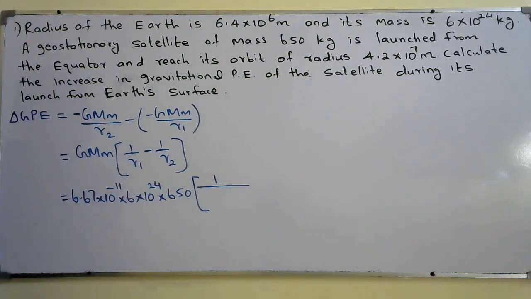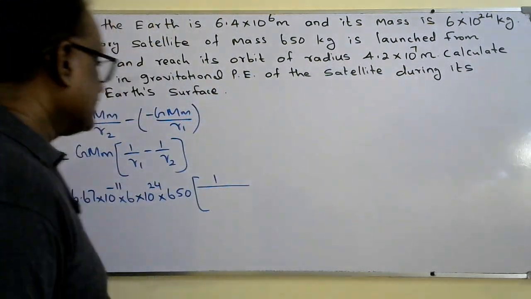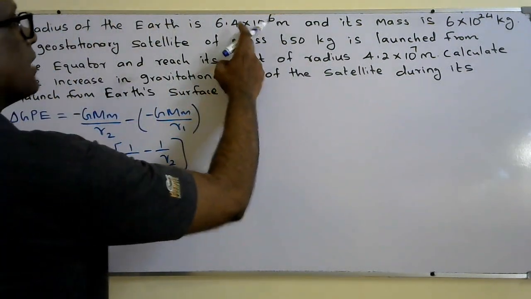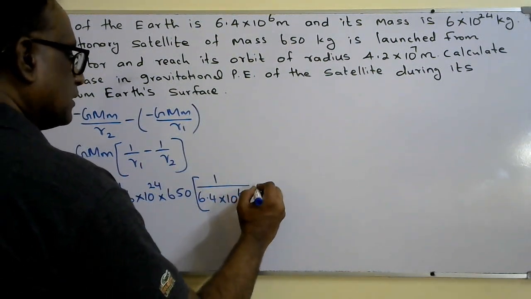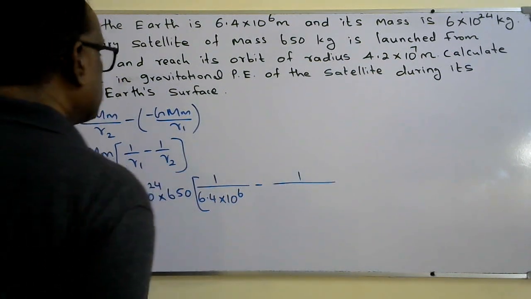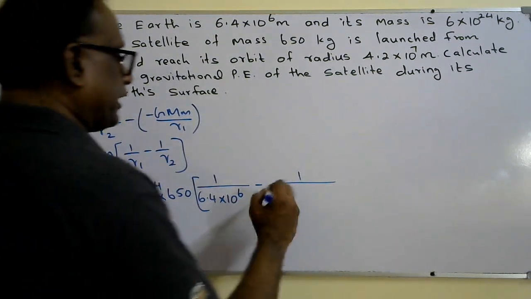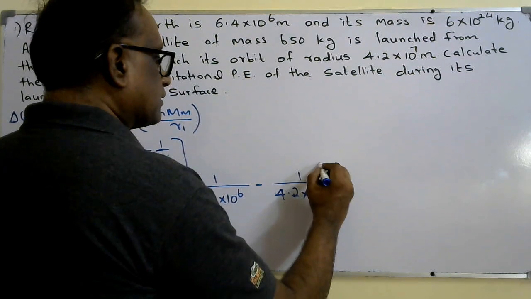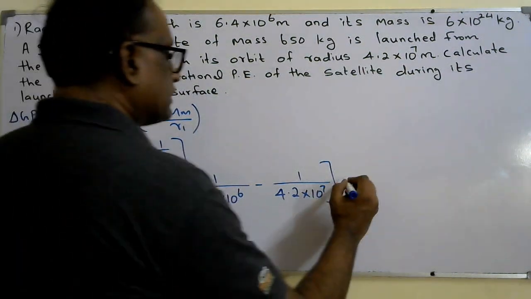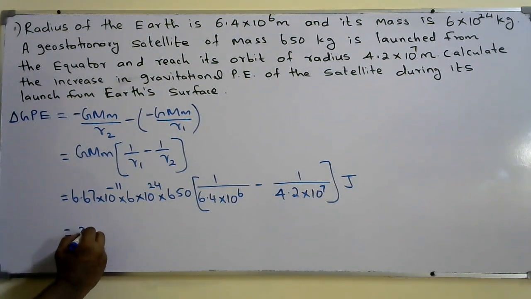So that is going to be 6.4 × 10^6, minus, R2 is the radius of the geostationary path, that is 4.2 × 10^7. Okay, that many joules, that's the increase in GPE. So solve it. You will get 3.44 × 10^10 joules. That's the increase in GPE.